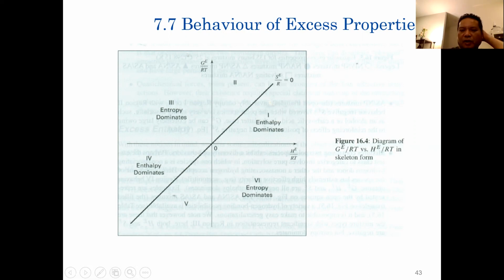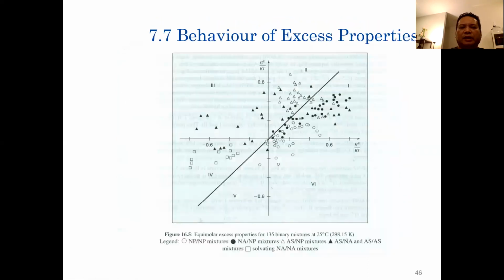If we plot the data, for example, the small circle is a non-polarizing and non-polarizing mixture, and you can see the small circles are mostly in this area. The dot is a non-associating and non-polarizing mixture, mostly in this region.